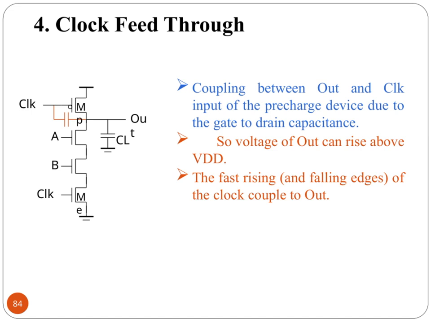The key point is that the fast transitions, the rising and falling edges of the clock signal, can couple into the output node, causing unwanted voltage spikes. Understanding this helps us design better circuits by minimizing these effects and ensuring more stable output signals.